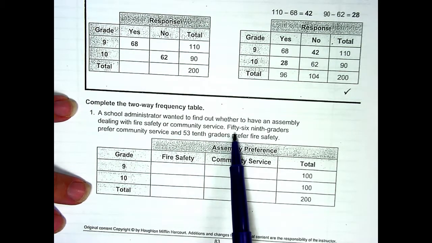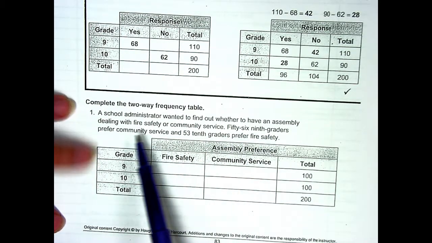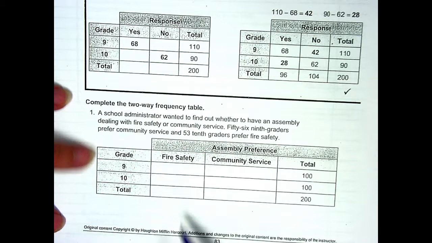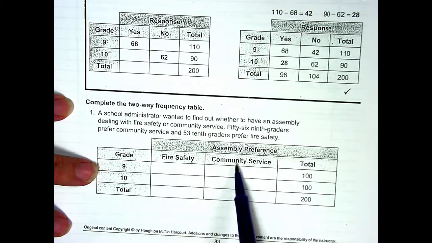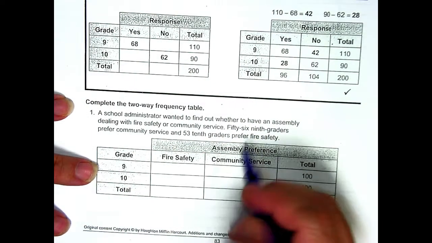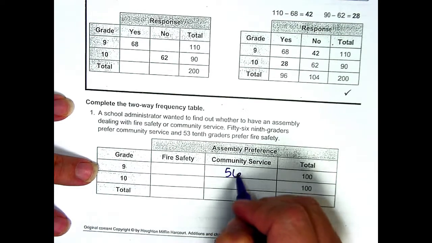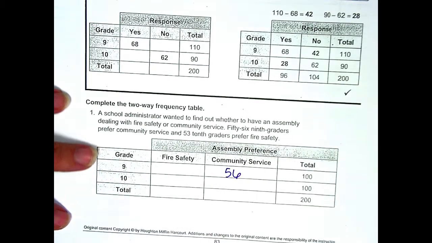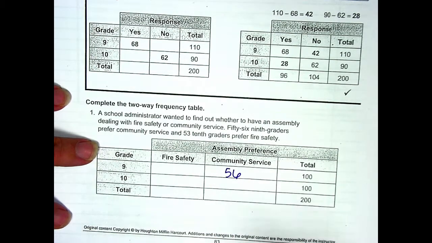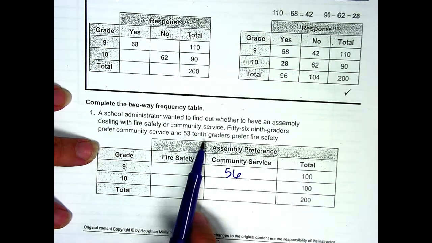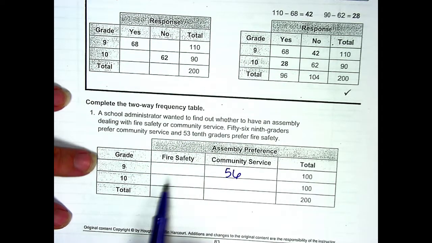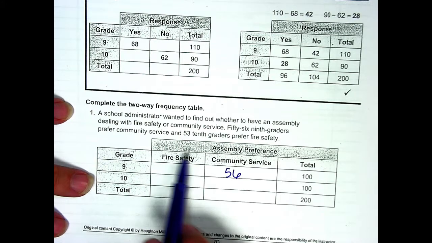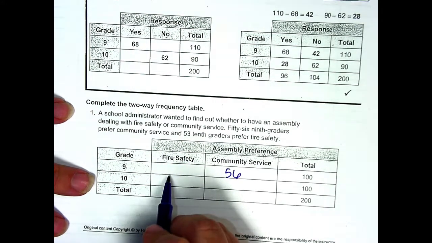Okay, so they said 56 ninth graders prefer community service. So ninth grade, community service, and this will be 56. The second number they gave us was that 53 10th graders wanted the fire safety. So you go to 10th grade, fire safety, and that's 53.